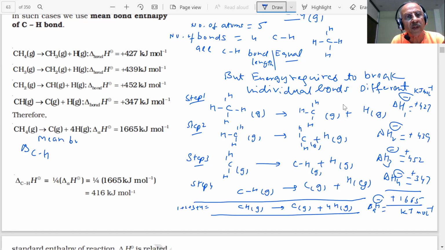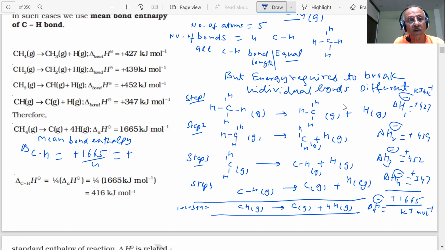That will be plus 1665 divided by 4, because there are 4 steps, so we get a mean value. What is this value coming out?